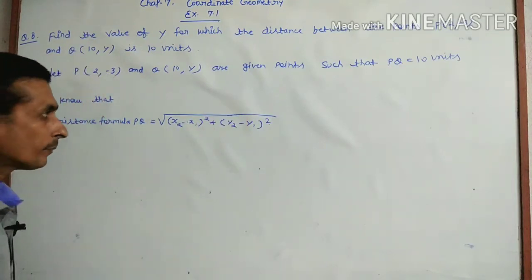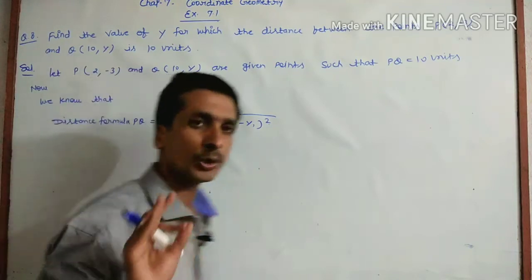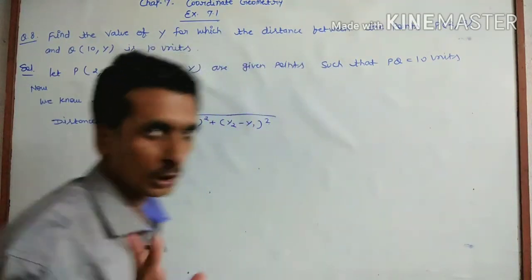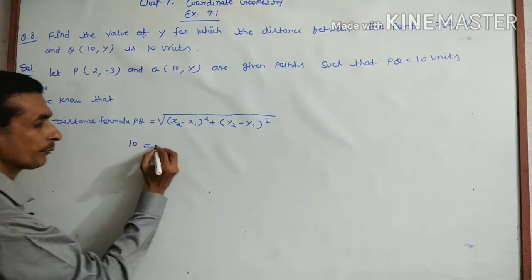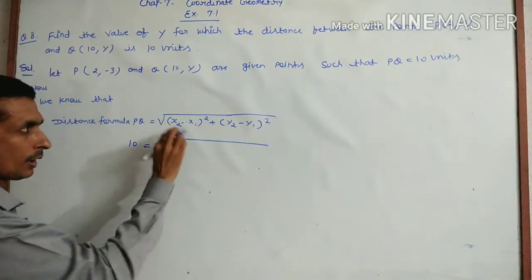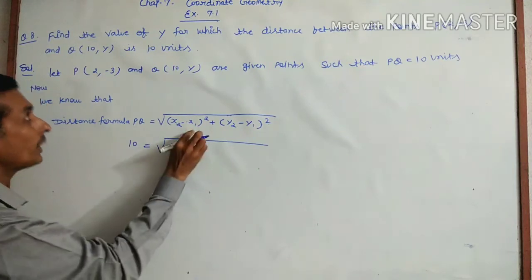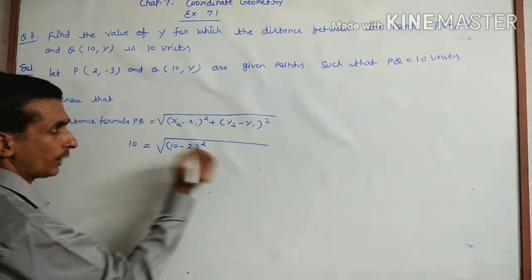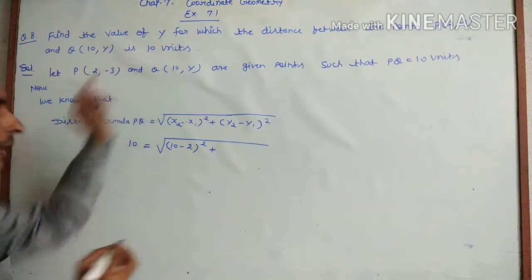Okay, now you can put the value. In this question, we have to put the values x1, y1, x2 and y2 and value of PQ. PQ value is 10. So you can write 10 is equal to under root x2 minus x1. The value of x2 is 10. 10 minus x1 means 2 and whole square plus, as it is, value of y2 is y.